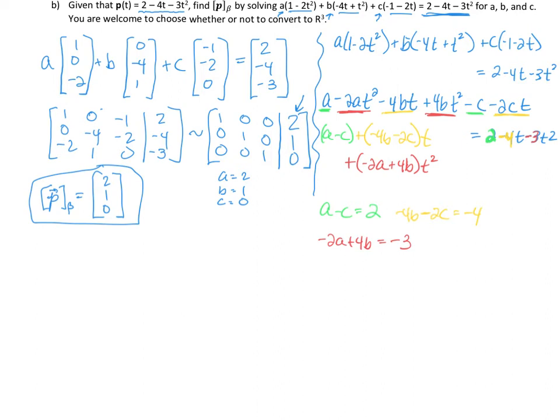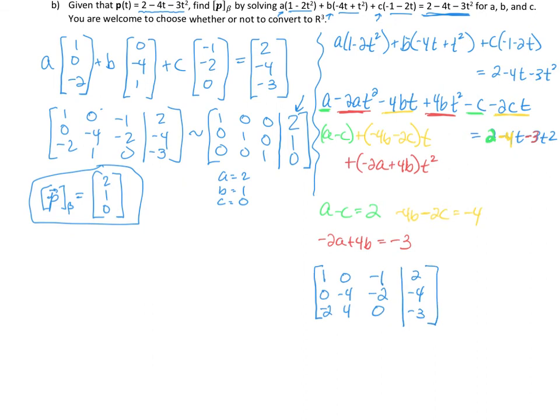Okay, so my augmented matrix would be, looking at my green equation, I have 1a, 0 b's, negative 1 c's equals 2. And then my yellow equation, I have 0 a's, negative 4 b's, negative 2 c's equals negative 4. And then my red equation, negative 2 a's, 4 b's, 0 c's equals negative 3.